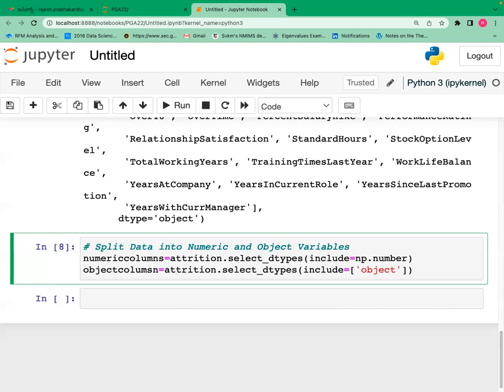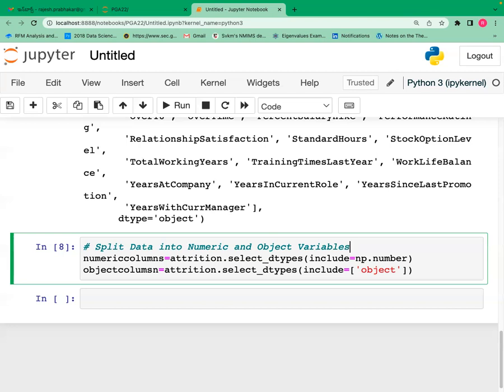All right, we split the data into numeric and object variables. The numeric data will take both int64 and float64, and the rest will go into object.